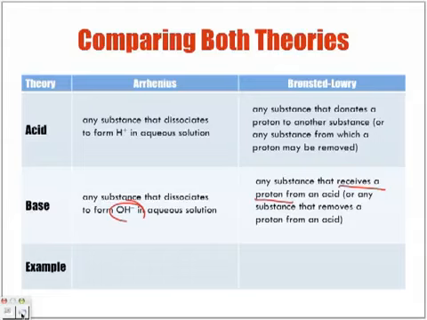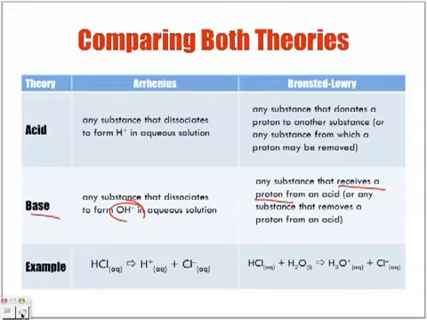So the one that receives the proton is considered the base, ultimately forming a conjugate base. Example for both of them: hydrochloric acid dissociating into H+ ions and chloride ions. But the difference with the Bronsted-Lowry is that we're actually including water in this equation.